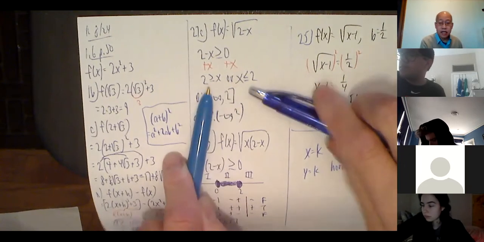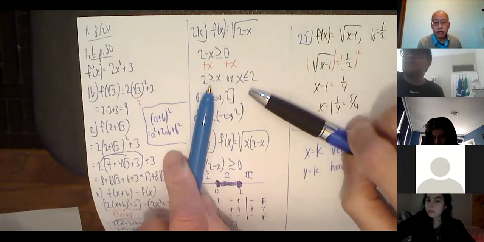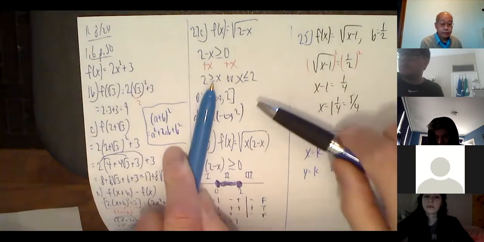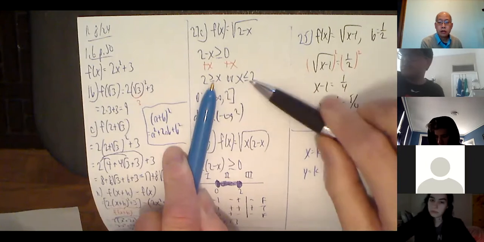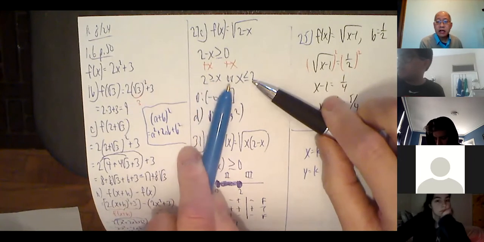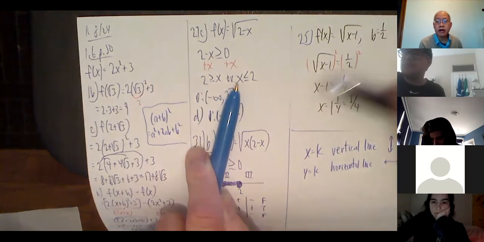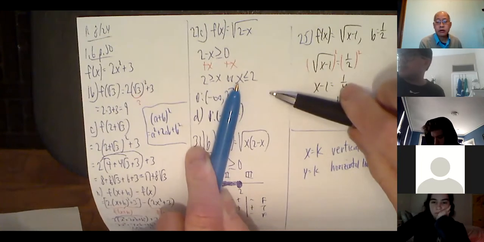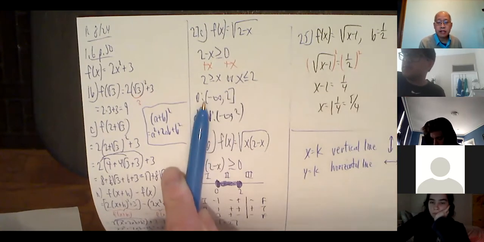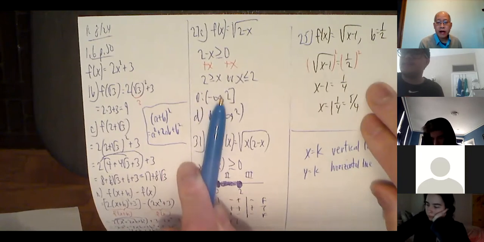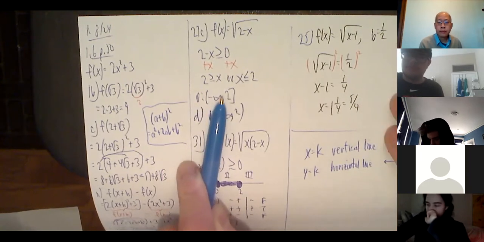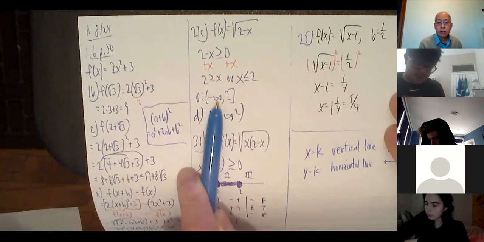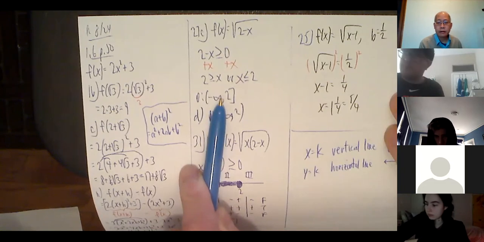This says the same thing, but we're used to having the variable on the left side, so I'm going to write it that way. So less than or equal to 2, that's 2 and negative 1 and 0, negative 2, negative 80. So the domain is parenthesis, negative infinity, comma 2, bracket.